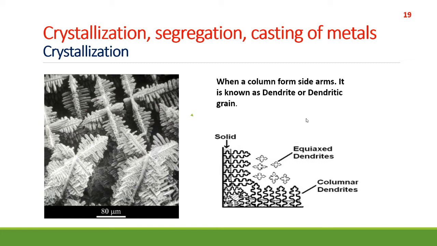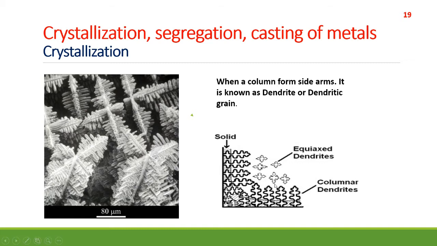We call it dendrites or dendritic grain. And on the other hand, as I told you in the previous lecture for chapter number 3, there is a high probability of forming dendrites inside the liquid metal.